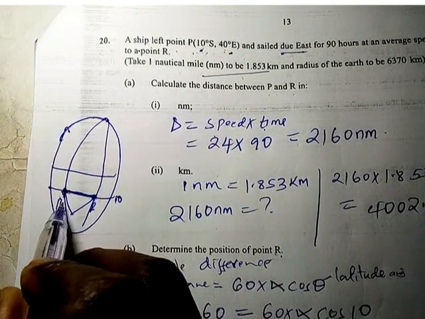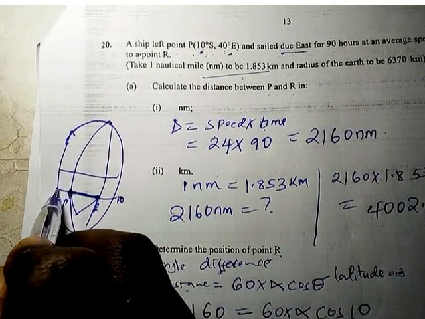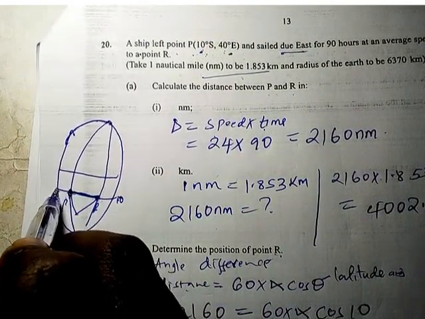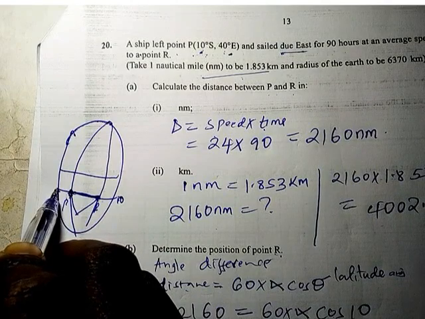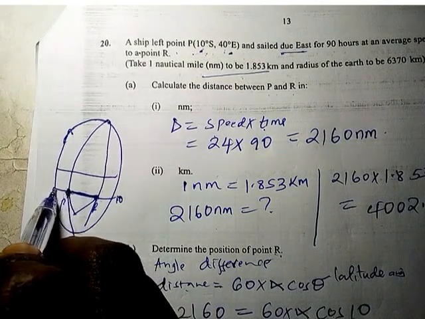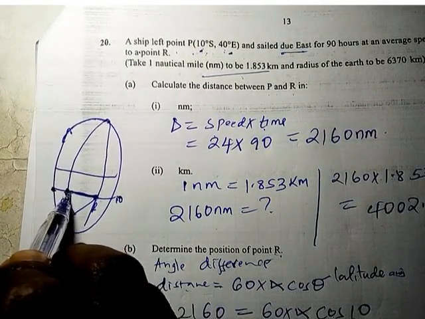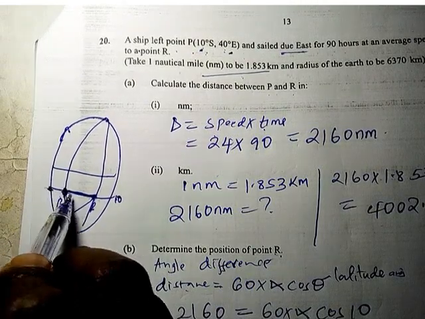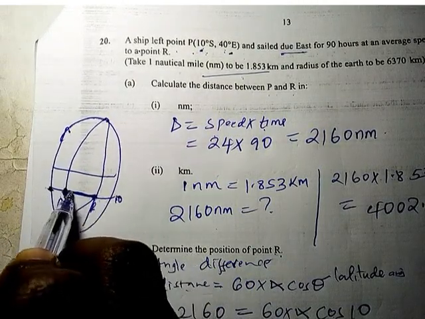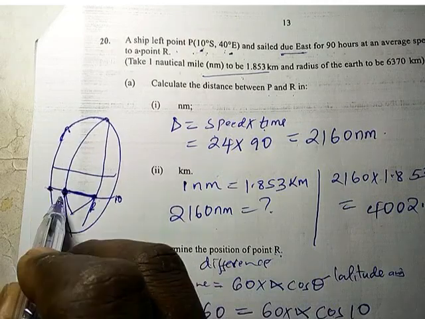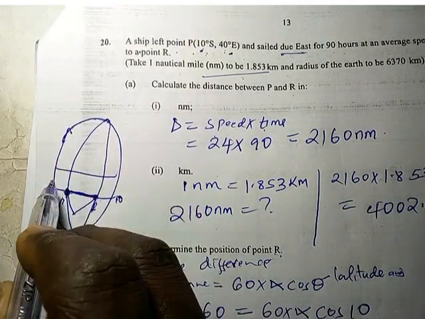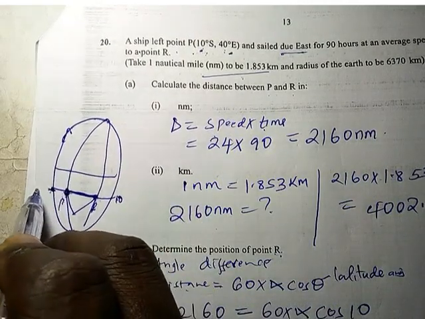If point R was to the west, to get the time at this point, we subtract. So if it was 11 here, we are going to subtract. When you move along the same latitude to a different longitude to the west, we subtract.